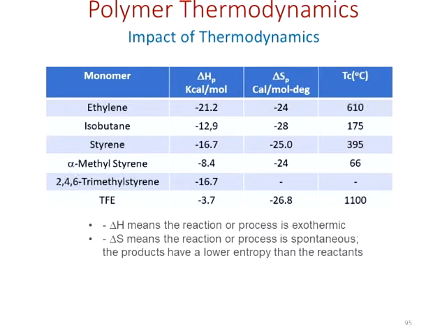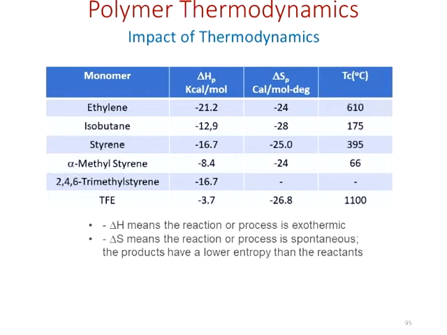So let's take a look at the impact of this thermodynamics in a table of some monomers that polymerize. We show you here 6 examples in this table. It's not a table you want to memorize. It just really wants to drive home the point about the impact of thermodynamics here.